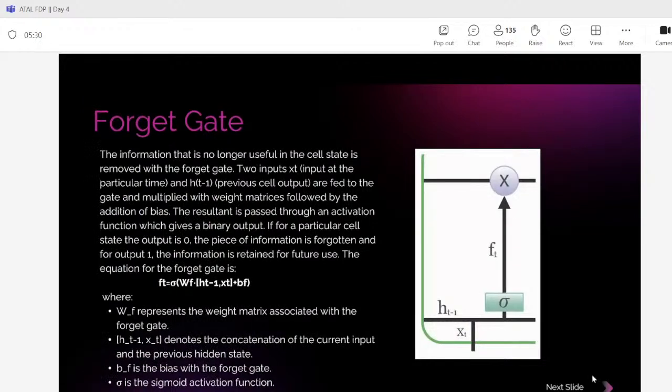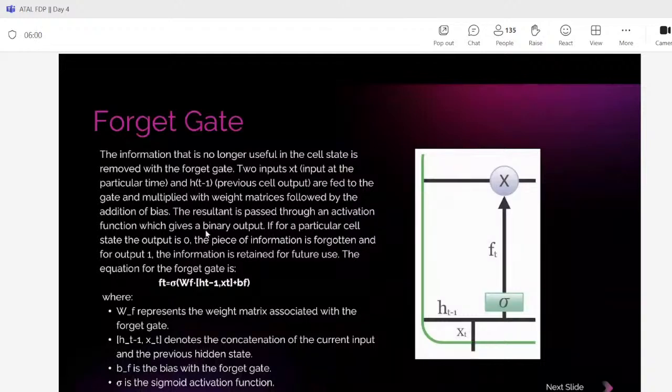Now we'll see the functions of each and every gate, starting with the forget gate. Information that is no longer useful in the cell state will be removed with the forget gate. The two inputs, xt, the input at a particular time, and ht minus 1, the previous cell output, are fed into the gate and multiplied with the weight matrices, followed by the addition of bias.